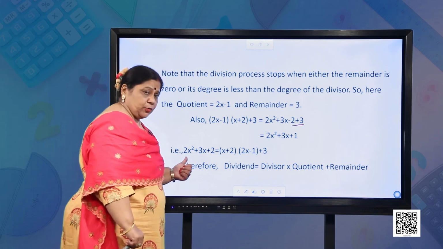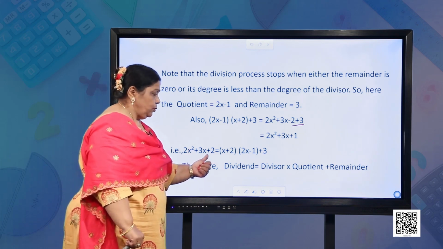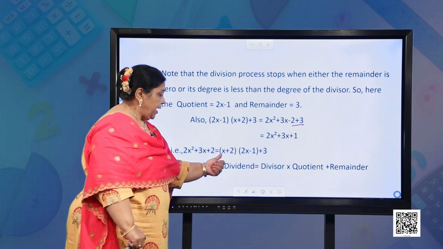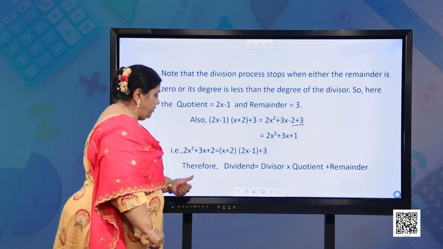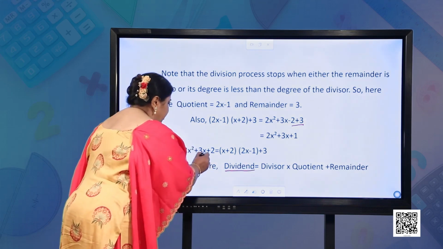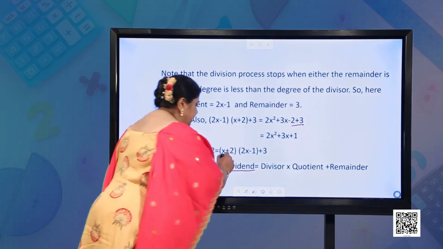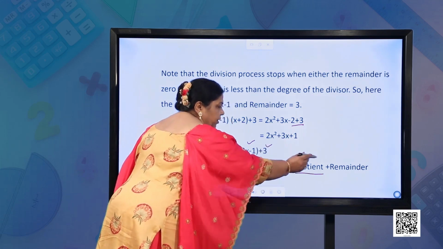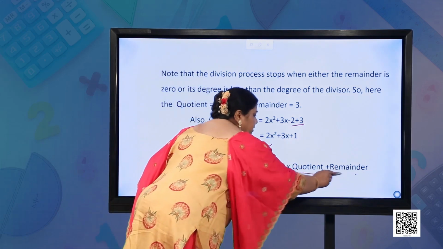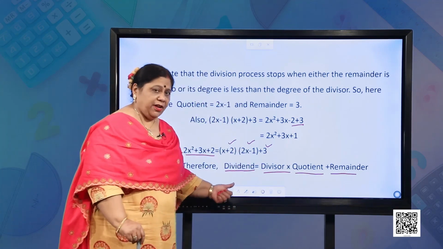That is 2x square plus 3x plus 1 can be expressed as x plus 2 into 2x minus 1 plus 3. Therefore, what is dividend? Dividend is equal to divisor into quotient plus remainder. So, this is the division algorithm we have verified here.